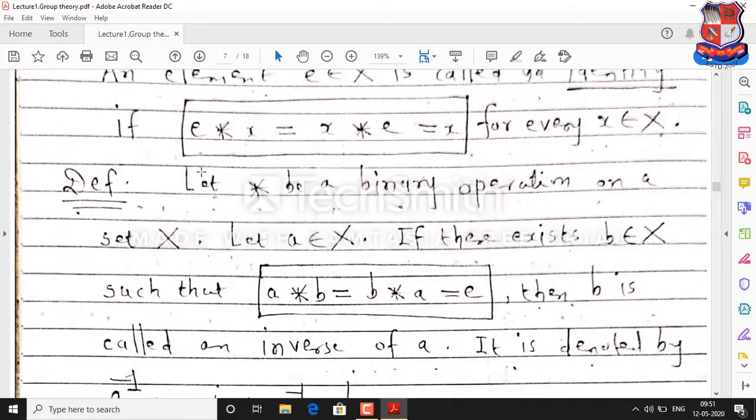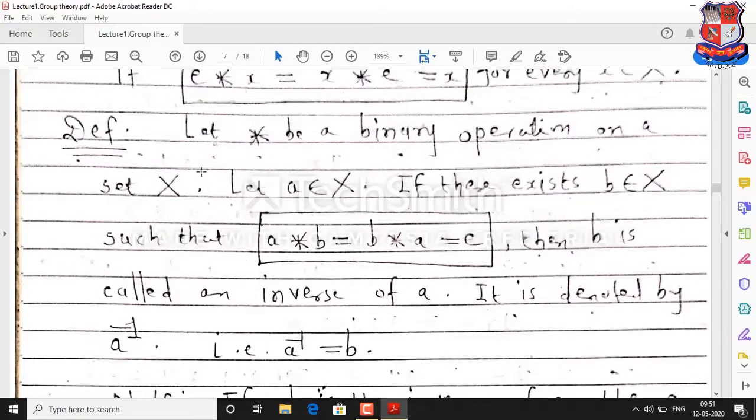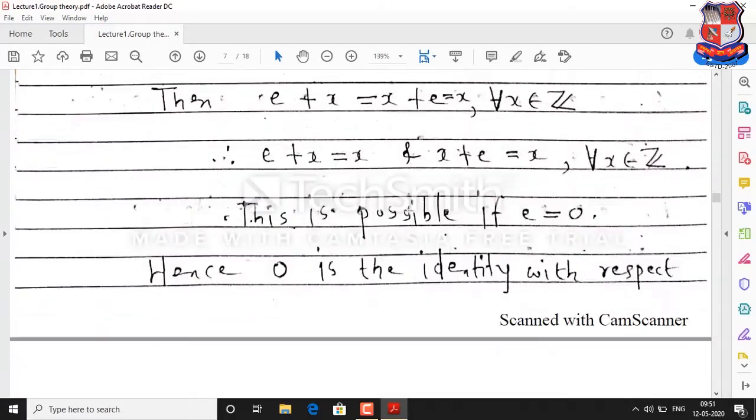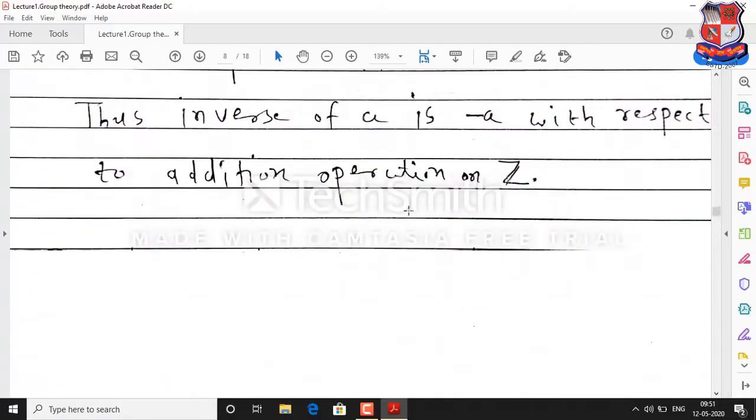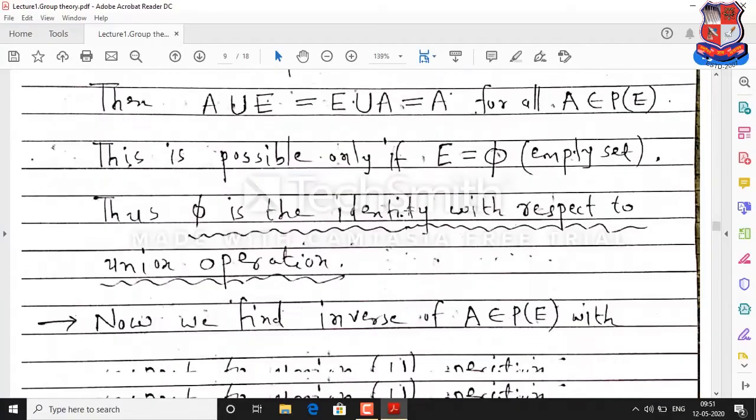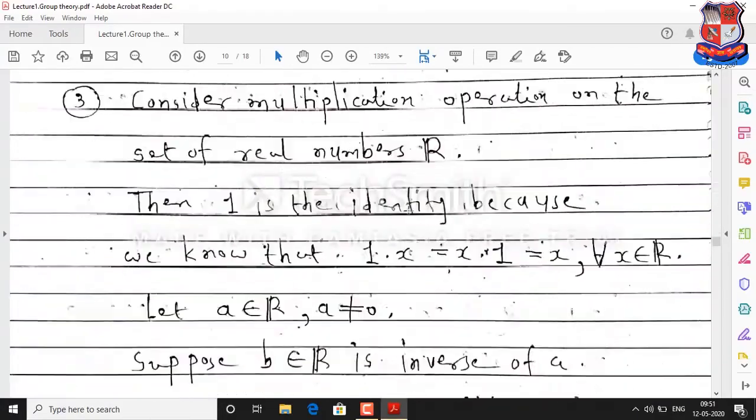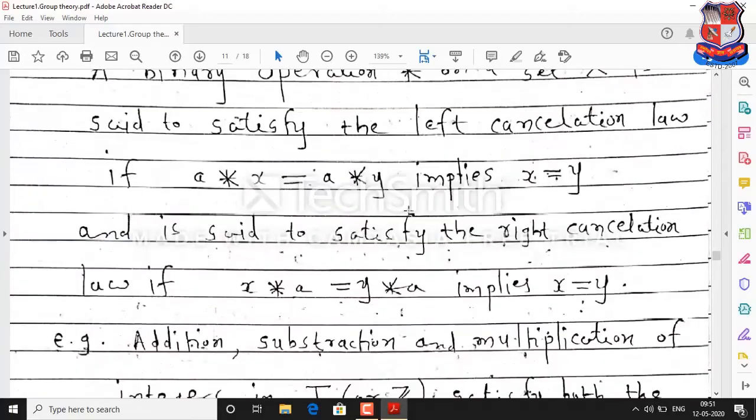Today we will discuss some properties of binary operation. These properties are important in studying the concept of semigroups, groups, etc.